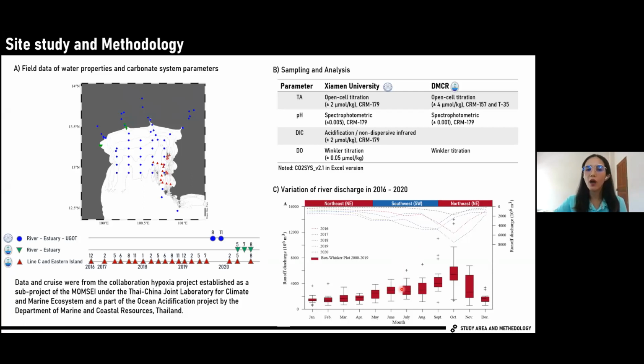The variation of the water discharge starts from the southwest monsoon, which brings moisture and precipitation into Thailand, causing increased runoff that starts in May and peaks in October. This period is likely to form hypoxic conditions close to the coastal zone.